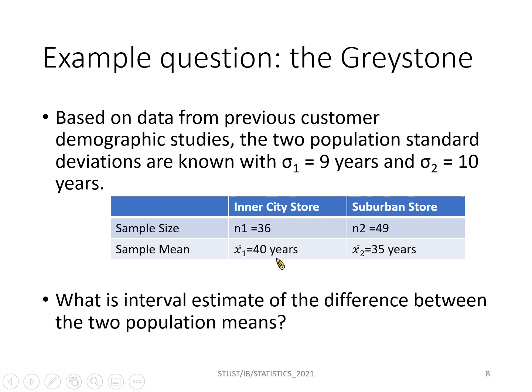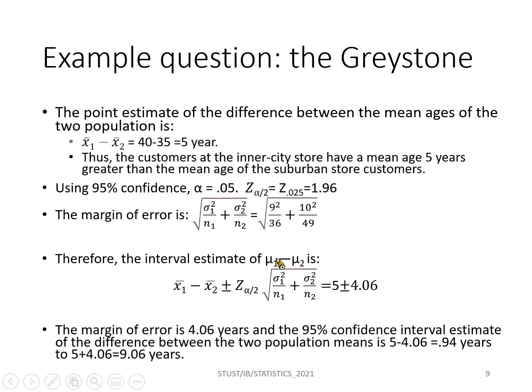So for the interval estimation to express the difference between the two stores, follow the formula you learned for the interval estimation. The first one, you can directly say the difference between the two stores, using x1 bar minus x2 bar as the point estimate for the difference between the two stores.